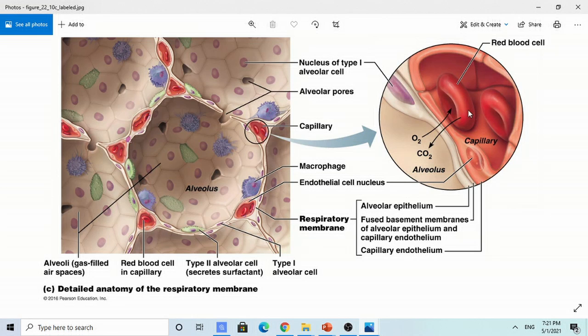So you can see that there is more carbon dioxide in this blood, which comes as a branch of the pulmonary artery. Because of that, carbon dioxide diffuses from the capillary into the alveolar lumen, and there is more oxygen here in the alveolus, so by the law of diffusion it moves from where it is more to where it is scant or less. So this is the respiratory membrane across which exchange of oxygen and carbon dioxide takes place.